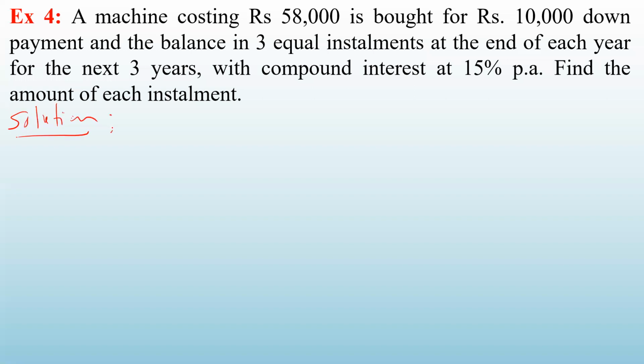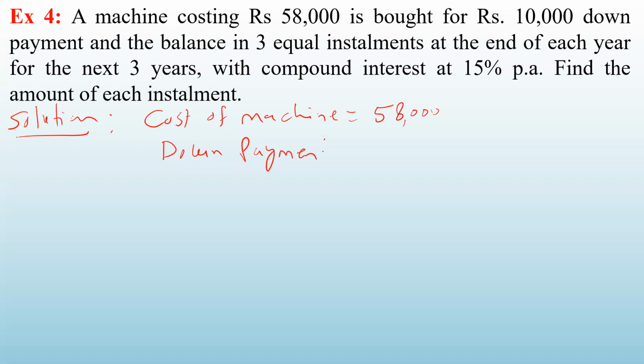So here also, a machine. What is the cost of the machine? What is given to you? The cost of the machine is 58,000. Okay. And it is bought for rupees 10,000 down payment. Means how much down payment is made?